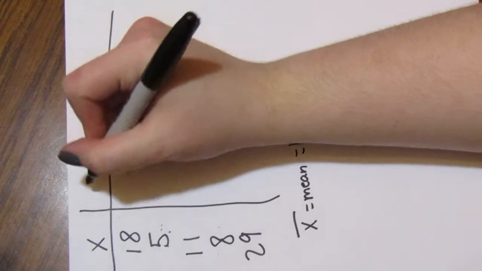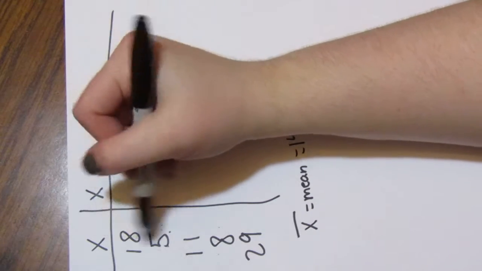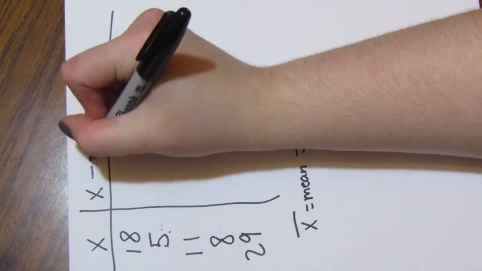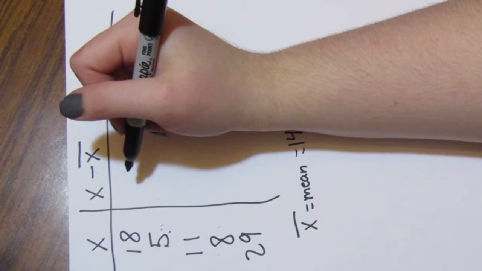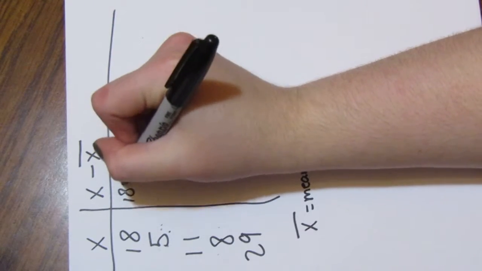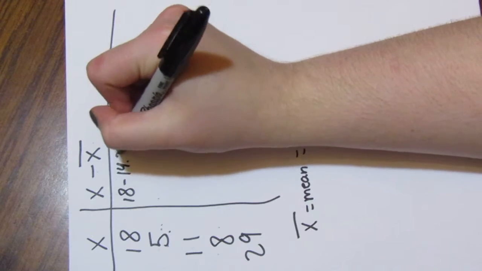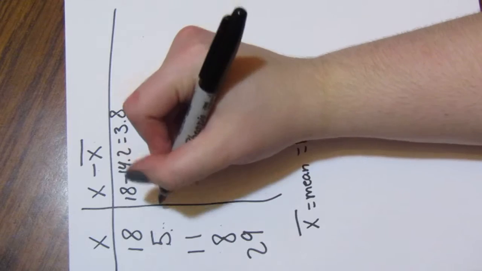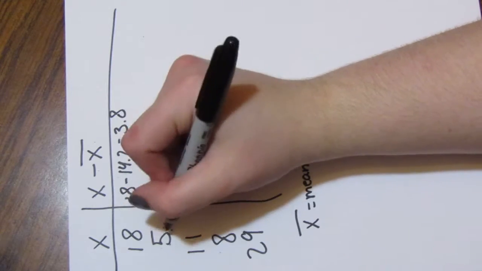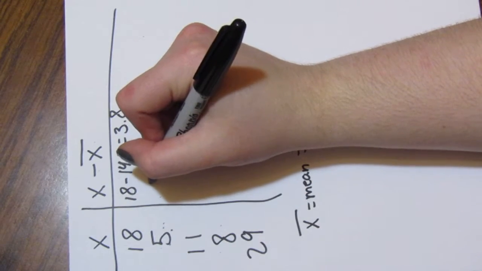And then the next column we're going to do x, so the data value, minus the mean. So it's going to be 18 minus 14.2, which is 3.8. Next one is 5 minus 14.2.